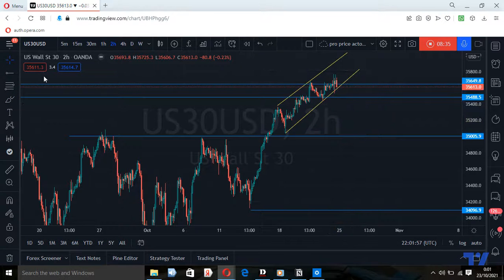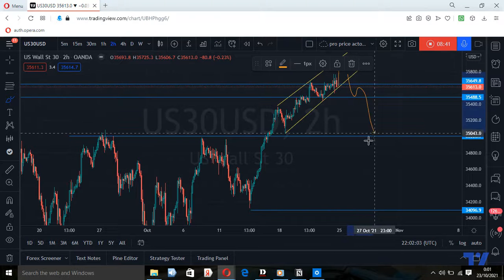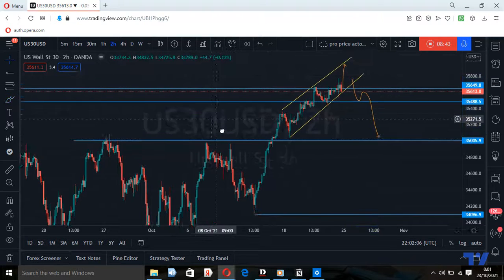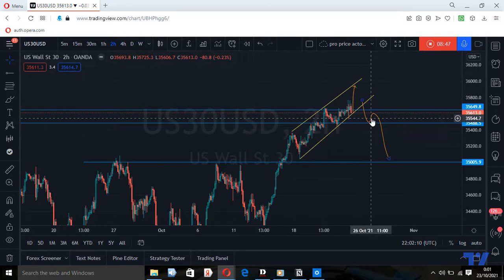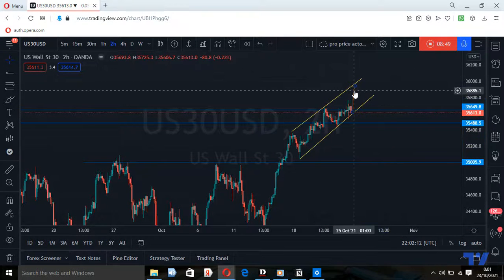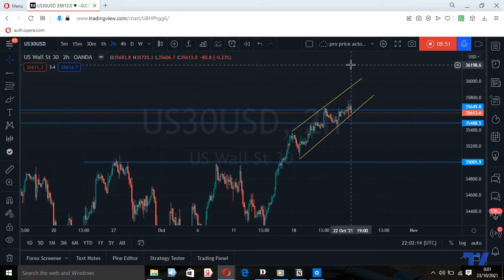We're still going to take a trade if it goes above and then comes and breaks below before it pushes to the downside. Let's wait and see on Monday, Tuesday, Wednesday.